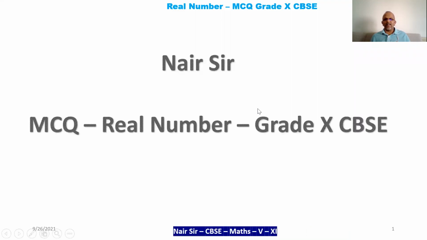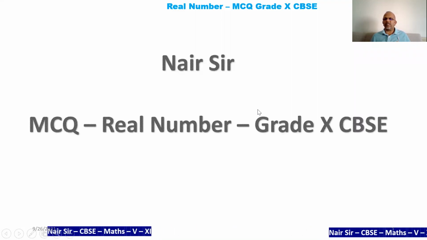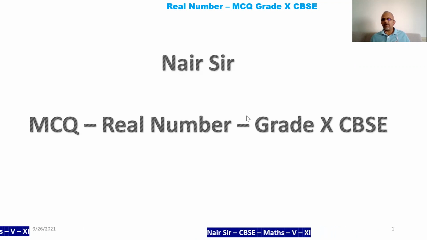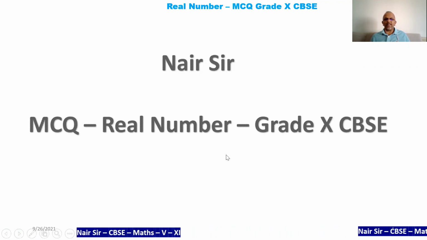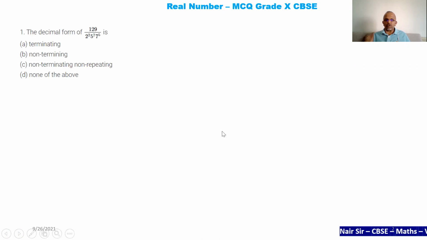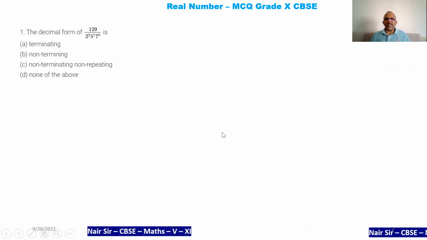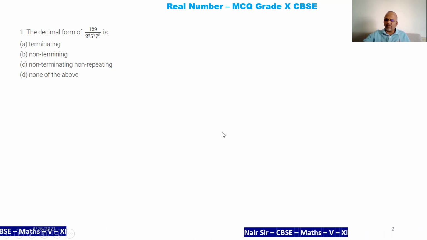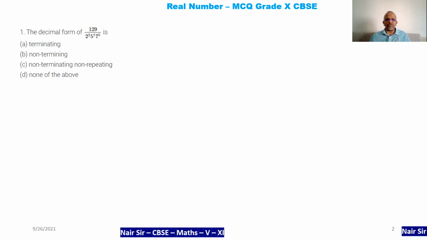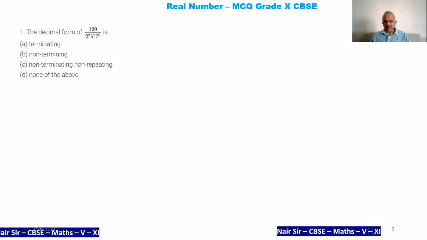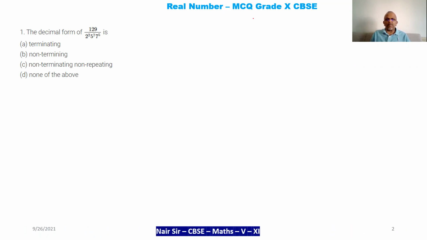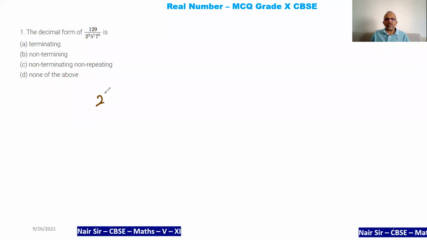Yes, as I said, this is 10th standard MCQ, real numbers. Let's get started. The first question on your screen: the decimal form of 129 upon 2 raised to 2, 5 raised to 7 and 7 raised to 5 is. Okay, the first thing that you should remember is anything which is in the form of 2 raised to n and 5 raised to m, they are terminating.